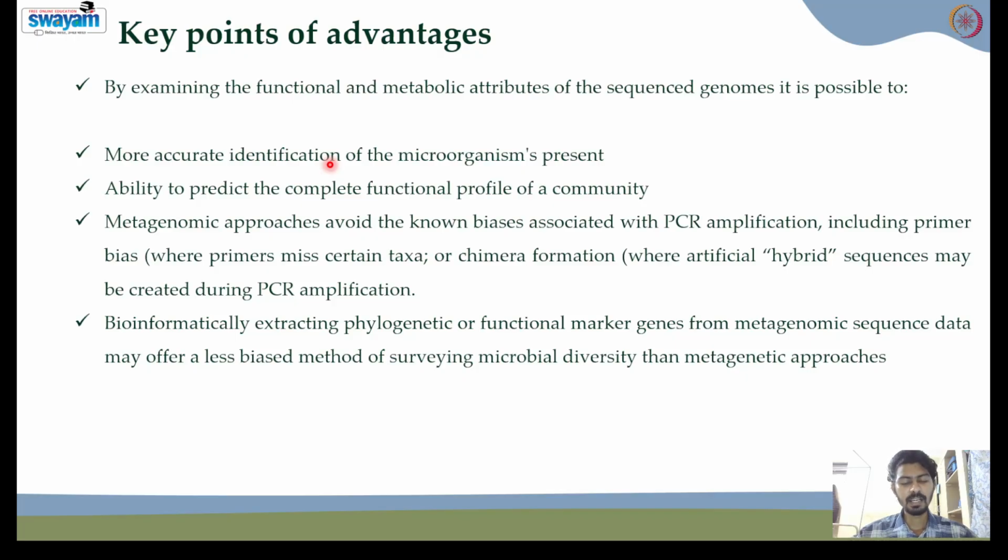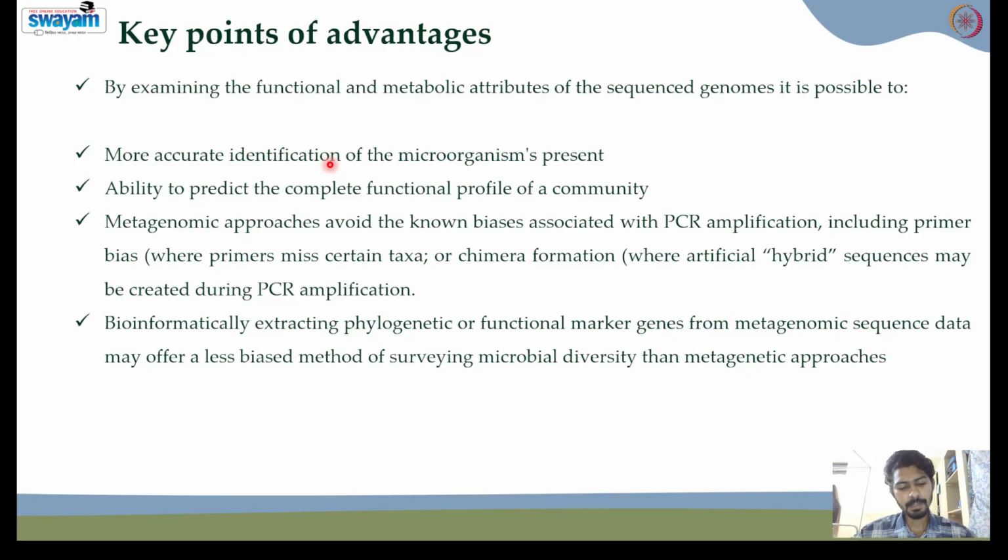It means it not only identifies who is there, but also tells other information like what they can do, and how they interact with biotic and abiotic factors in an ecosystem. So it typically answers all the goals of microbial ecology, and it avoids the bias of the PCR amplification.